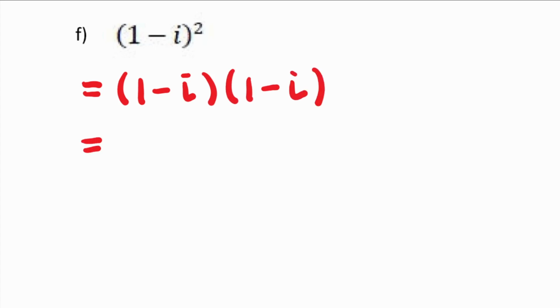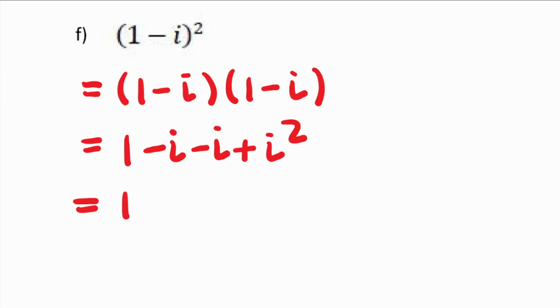And then do FOIL. 1 times 1, 1 times negative i, negative i times 1. Negative i times negative i is positive i squared. And then I get 1 minus 2i plus a negative 1, so i squared, and then I just get negative 2i.